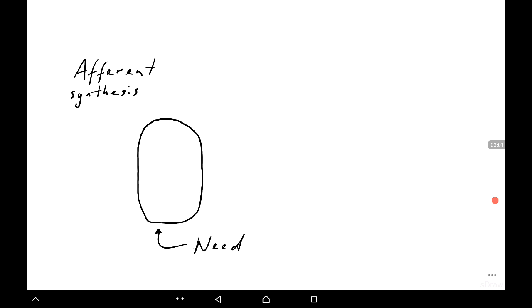Afferent synthesis includes the motivation that reflects the basic need of the body. The motivations may be classified as biological motivations, social motivations. An example of biological motivation is hunger or thirst, because it reflects the deficiency of nutrients in the blood, for example.